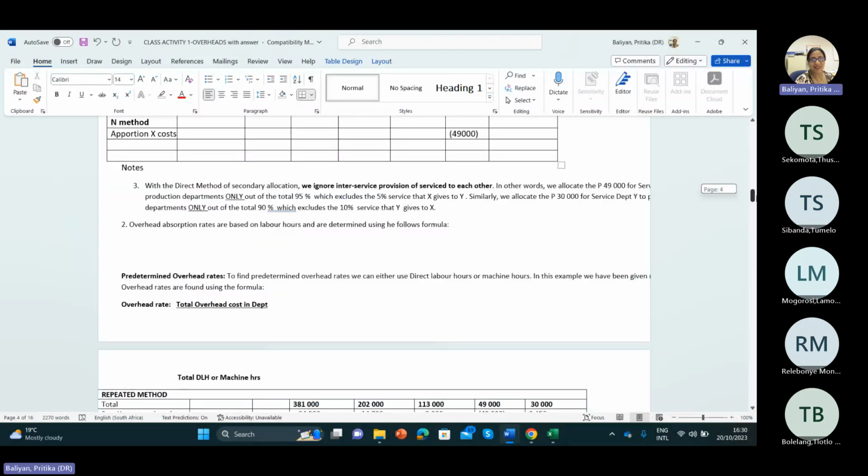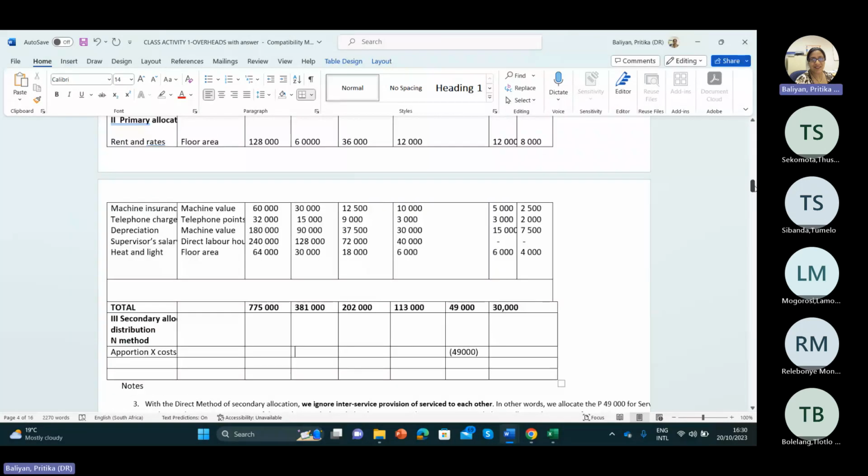So that is 25,789.4. We will leave it as a round figure. How do we calculate? I just told you that it will be calculated like this.